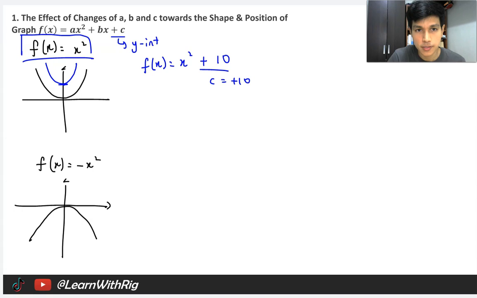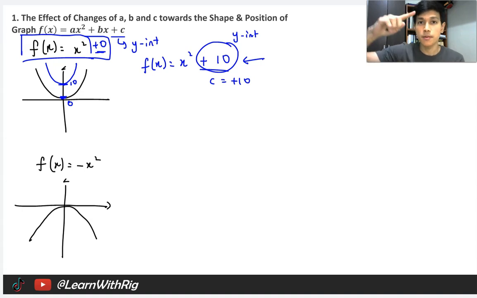And here now your y-intercept becomes 10, right? Originally it's plus 0, because there is no c value in this equation, so it touches the origin. Now because you have plus 10, you're moving upward by 10 units. So your y-intercept now becomes 10.